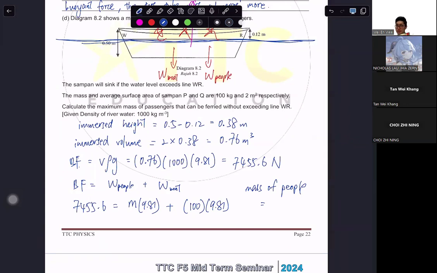660. Okay, check whether you get 660 or not. Yep, for mass is kilograms. 660 kilograms.